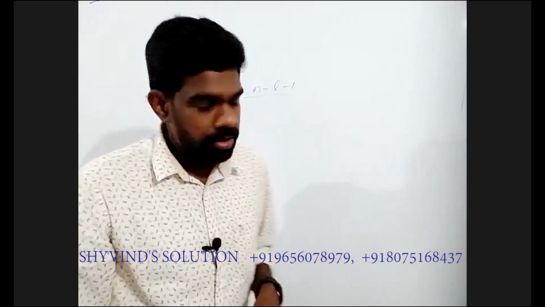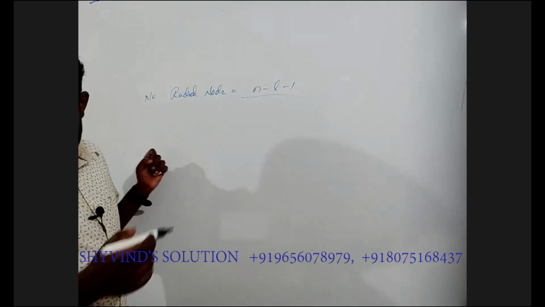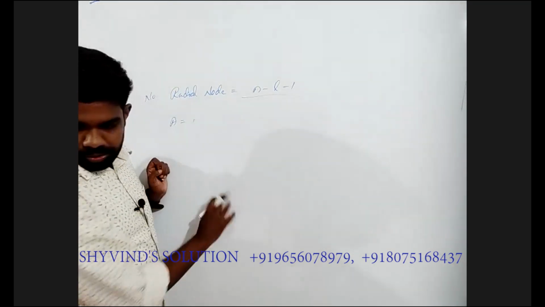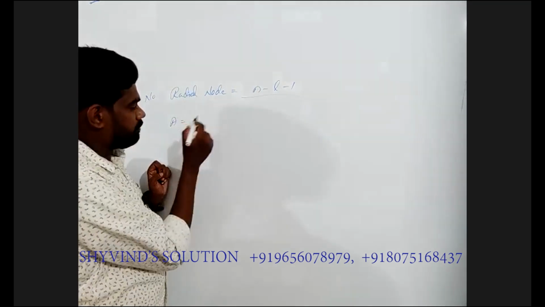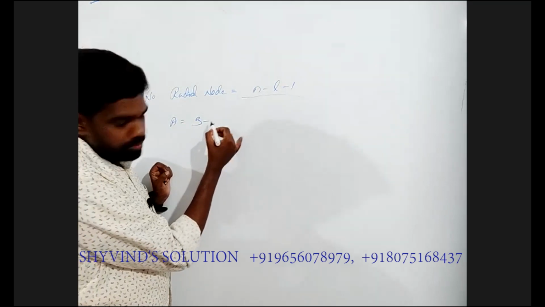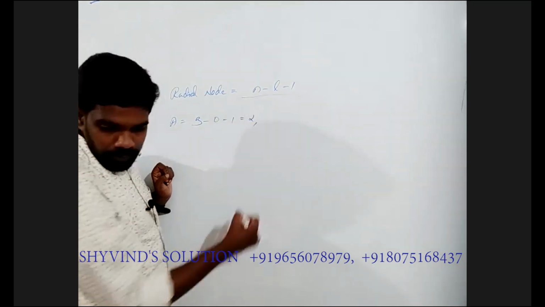So we can easily check. For option A, n equal to 3 is given, so 3 minus l, with l equal to 0, 3 minus 0 minus 1 equal to 2.